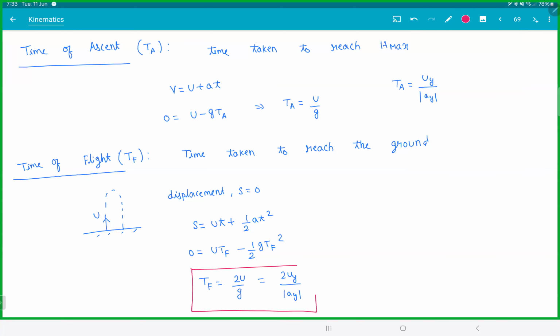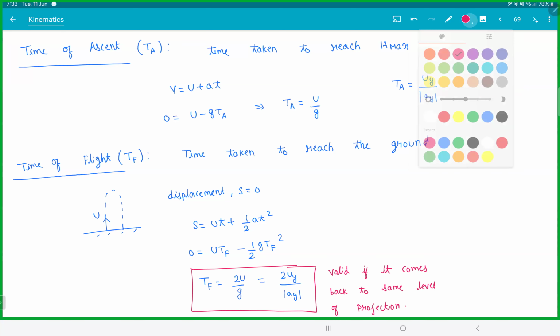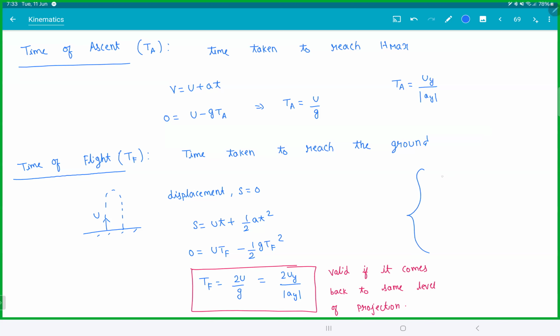But remember, there's a restriction on this formula. You can use this only if you come back to the same level. What do you mean by that? For example, if you start throwing from buildings, if you throw from a building like this, you go up and you come down.